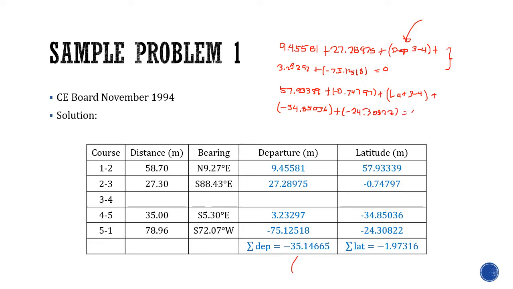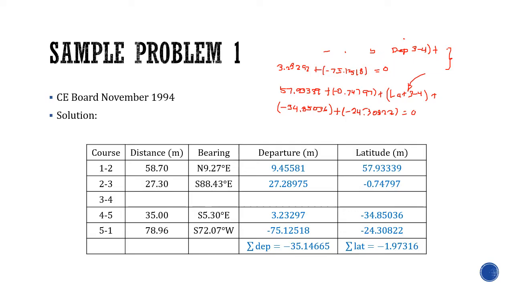Equal yan sa 0. So the only unknown is the latitude of 34. So you can solve for the latitude of 34 and you will see that the value of the latitude of 34 ay equal to positive 1.97316.